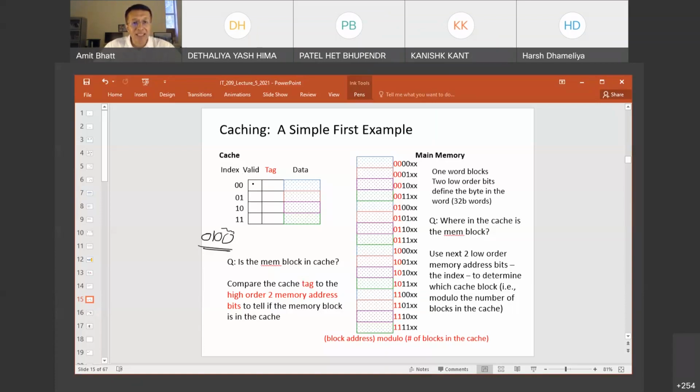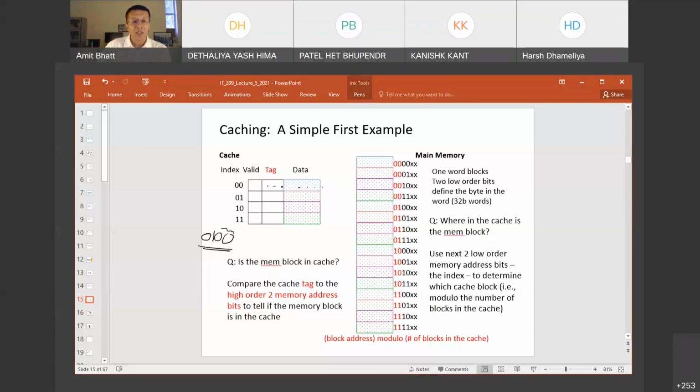Suppose something is sitting here, and I'm not saying what, but there is something over here. So it just can't be happy that, okay, I found something, index 00 matches, there is something in 00. But just hold on, match the tag first. If the tag also matches, that means you have got the right instruction or right data.